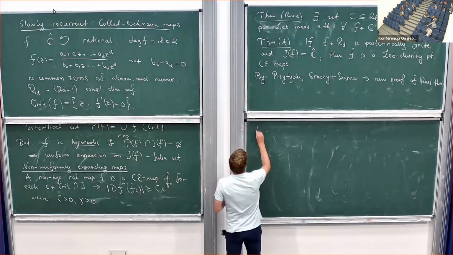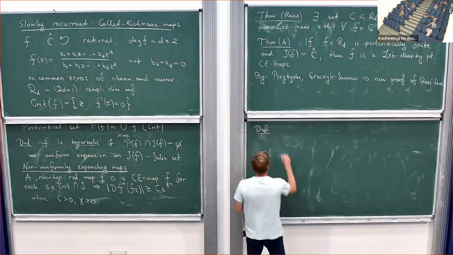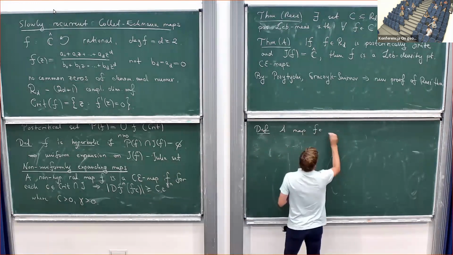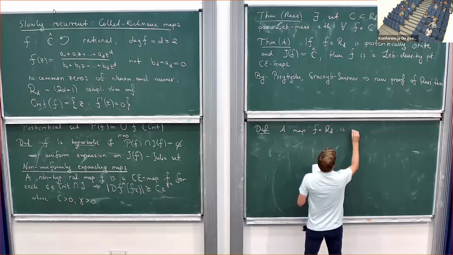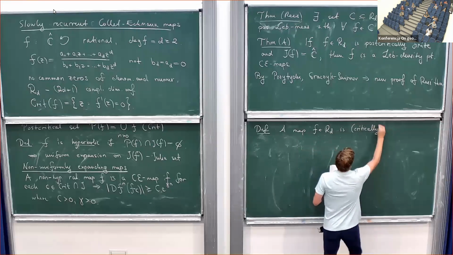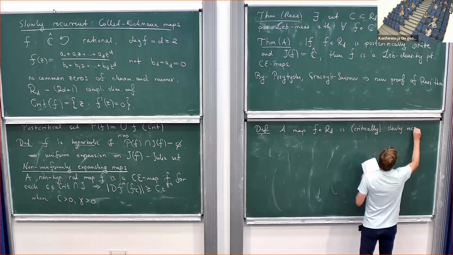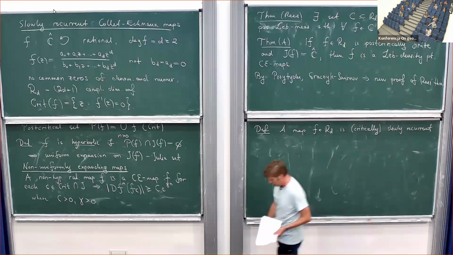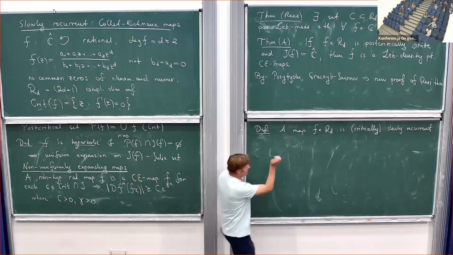So I'm defining now what it means to be critically slowly recurrent. This definition I got from the paper by Levin and Shen and Francine, I think. It's in the literature already.